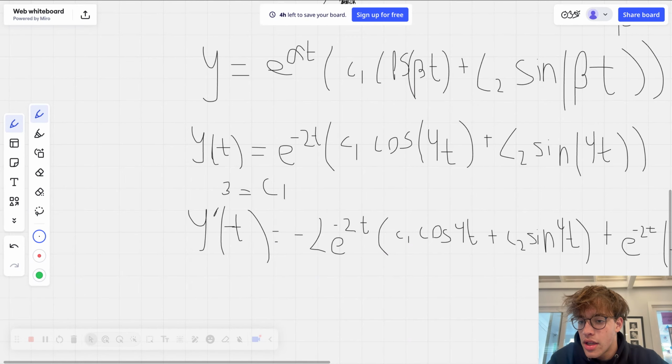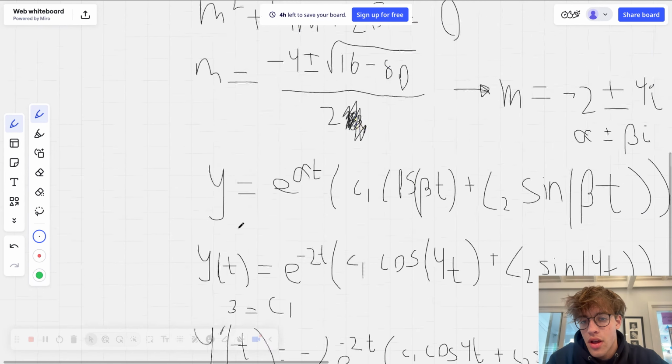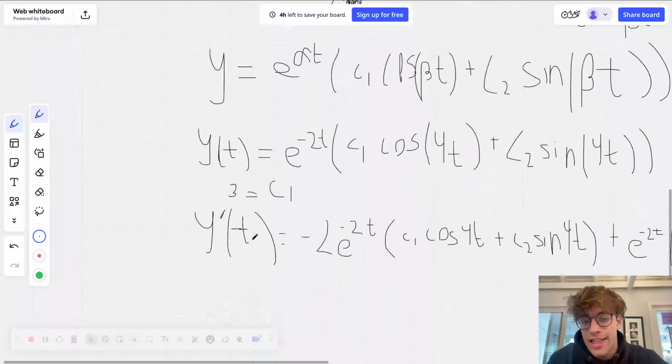And then for this next one, we have our initial condition as negative 18.